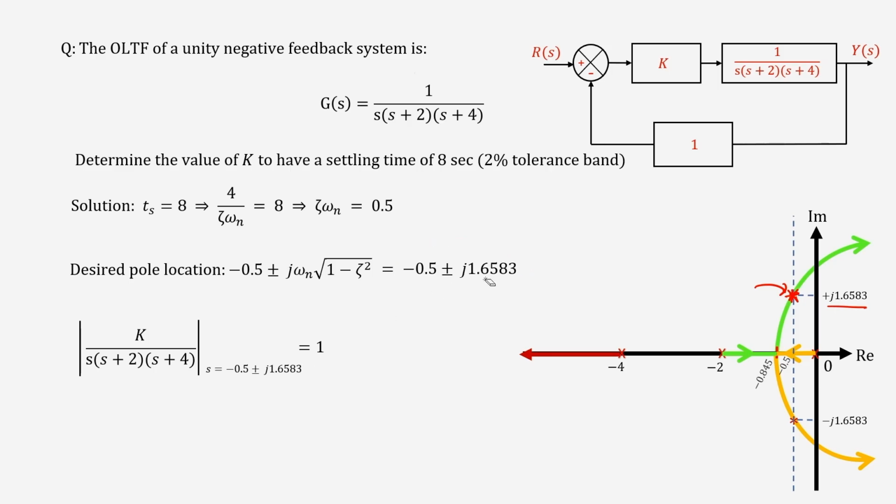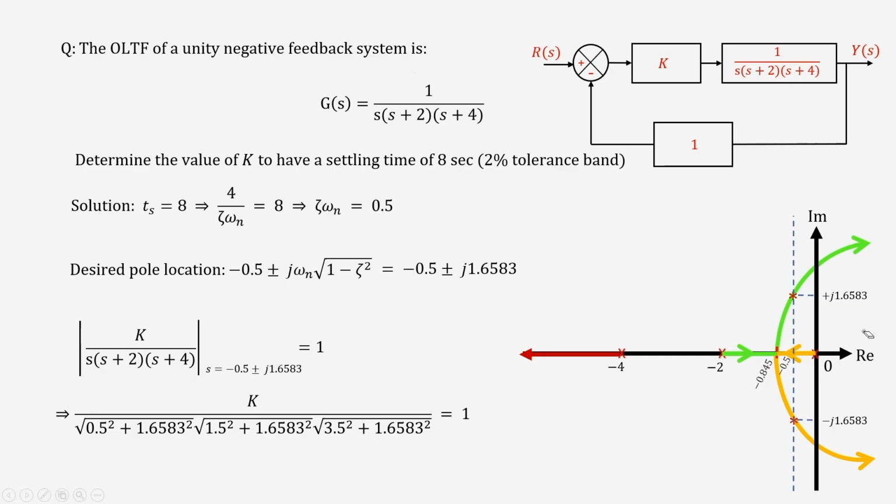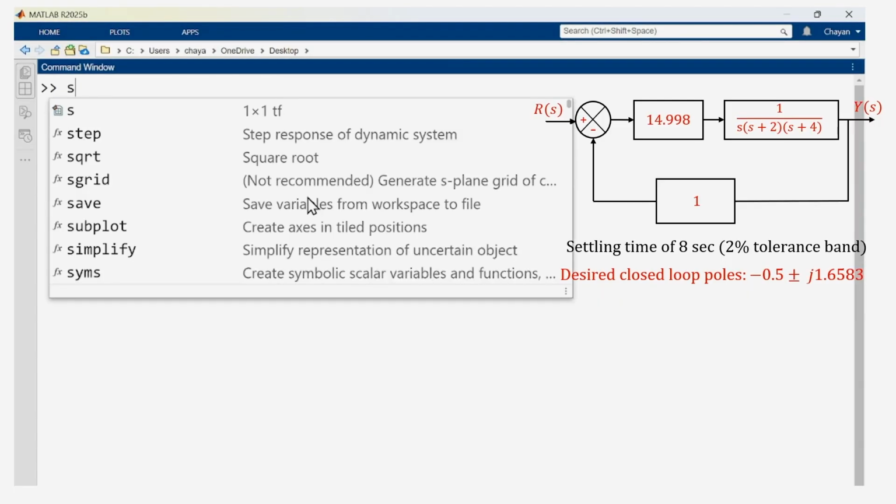This must come out to be 1, and if you solve this, finally your answer will come out to be k equal to 14.998, right. So, I have found out a value of k at which this problem should get solved.